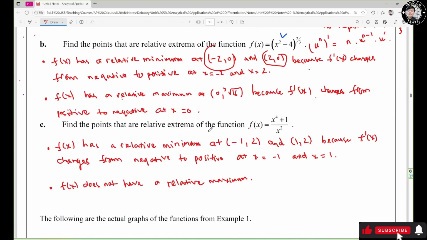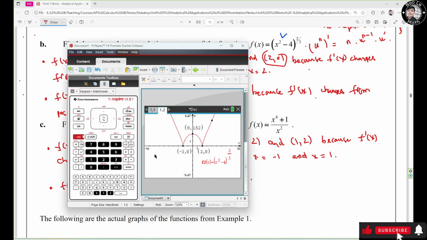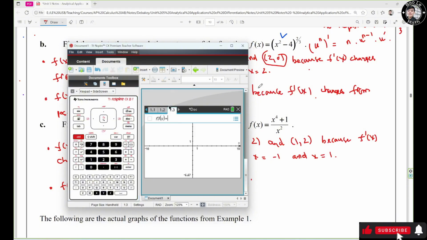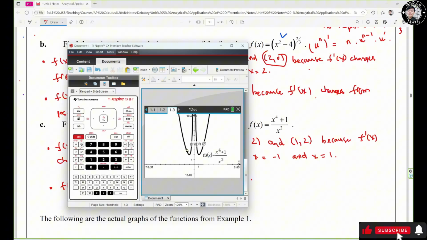Now let's move on to question C. Alright, I'm gonna hit Control I, add graphs. I'm gonna input the function. Hit enter. It's gonna be right here. Now observe that the function does not have relative maximum, right? Because it keeps going forever. You see that?